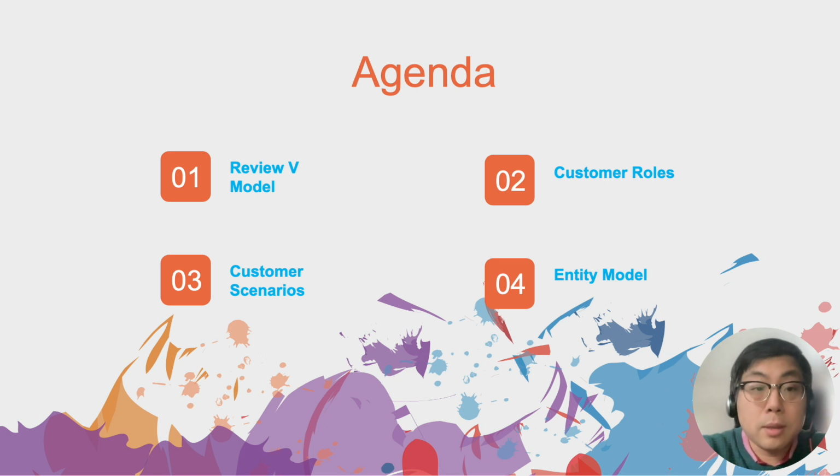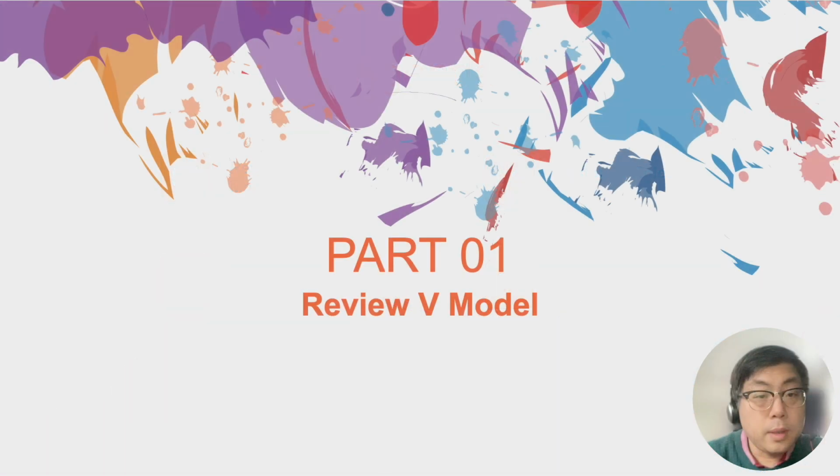But that's the really important structure of the data model, the core of the data model in C2M. And then we look at the customer roles, customer scenarios, and also the entity model behind it. So the first part is review V model.